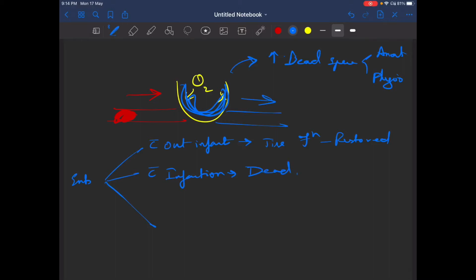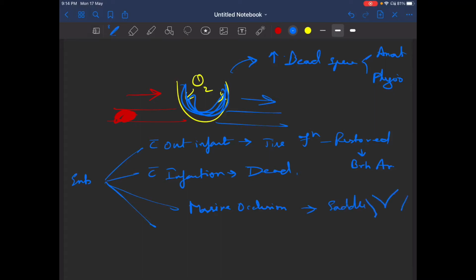And without infarction, the circulation is maintained by the bronchial artery. And in the third case, it is massive occlusion, like saddle embolus.